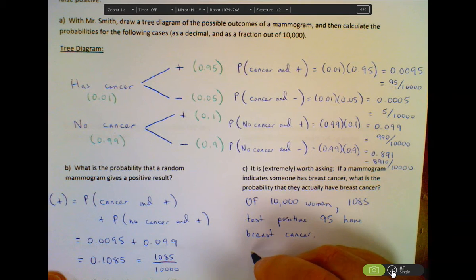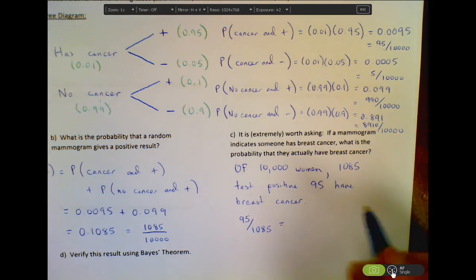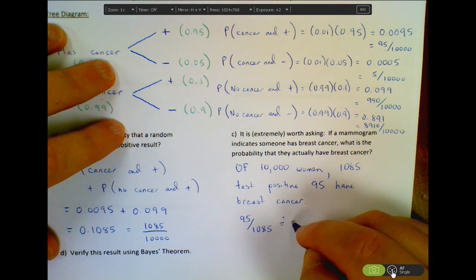And if we look at that, 95 out of 1,085, it's actually a fairly small number. If we make that into a percentage, it's 8.8%.